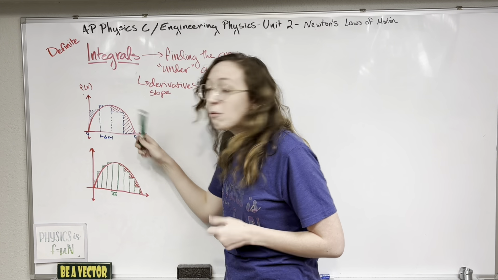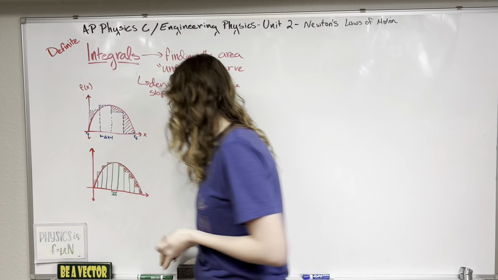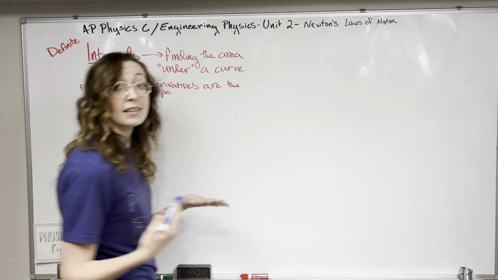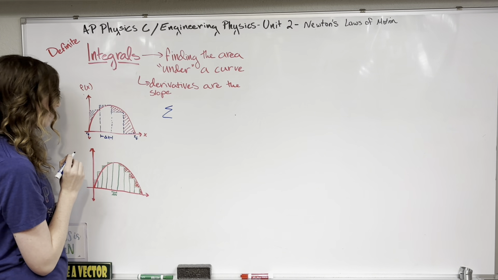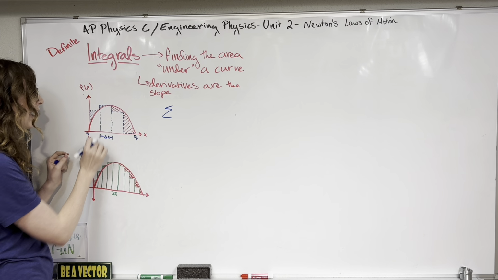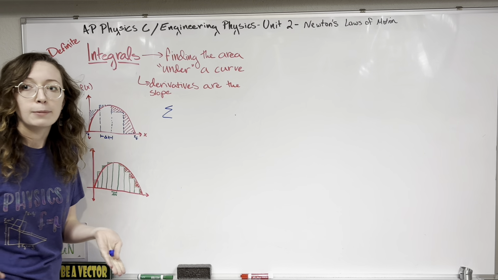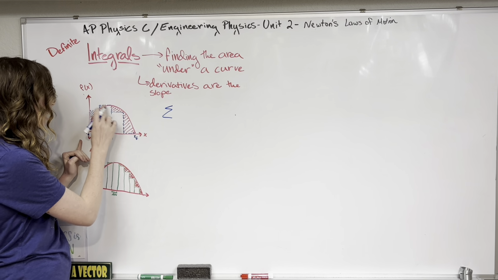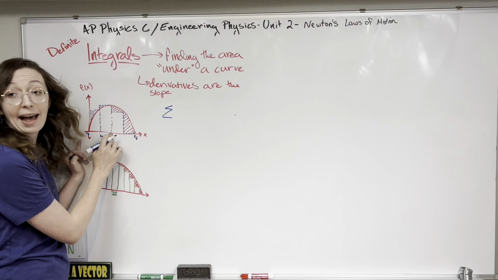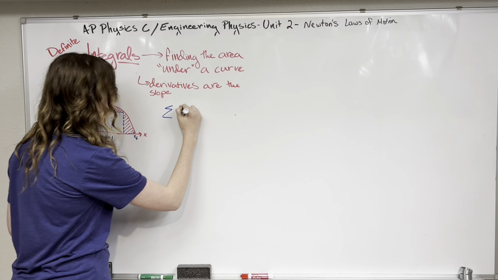So how would I calculate the area of each of my little rectangles here? Well, I could represent it as a sum. So I'm going to add up the area of all of my little rectangles. The area of a rectangle is base times height. Their height would just be the value of my function at whatever x point I'm at, so just f of x.